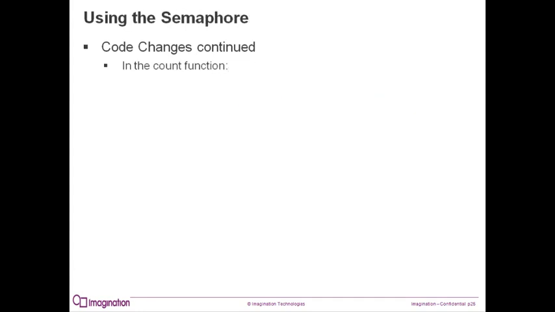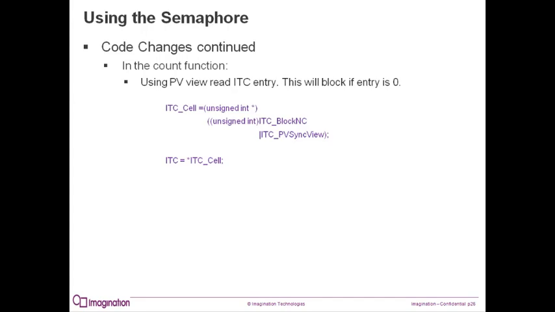In the count function, before we enter the counting loop, I want to add the code so that not more than one thread will be counting at a time. This is where I will read the cell using the PV-Sync view. To do this, I OR in the PV-Sync view bits into the cell address and then read the cell.